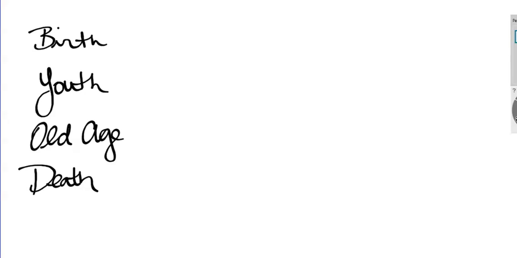So if we were to think of seasons, where he's comparing himself to a year, let's think about the seasons that could represent these different stages. So let's look at year first. With the year, which season would represent birth?